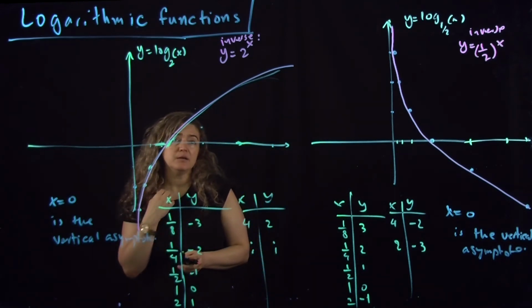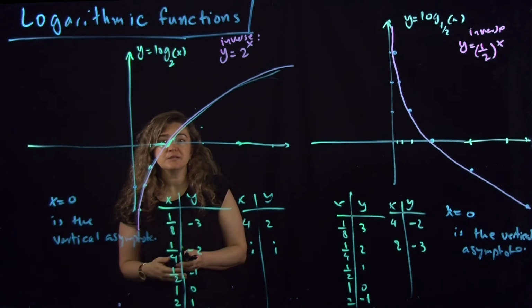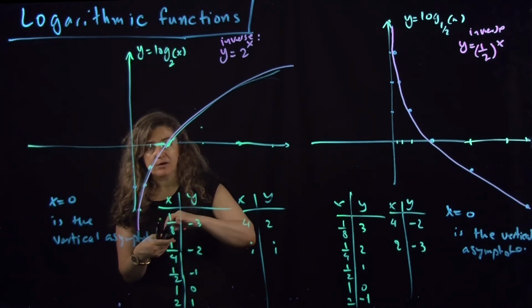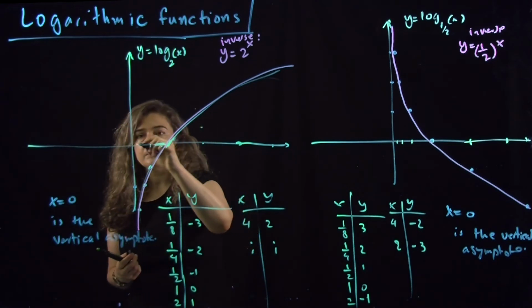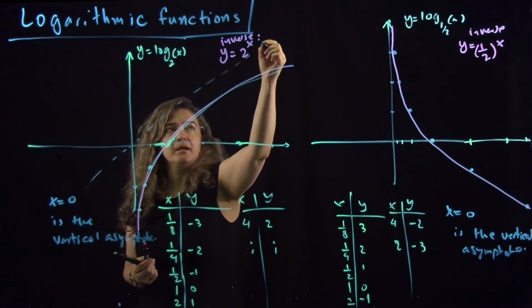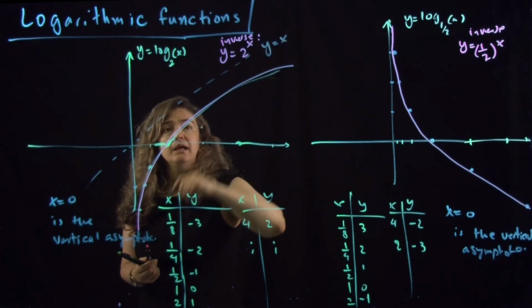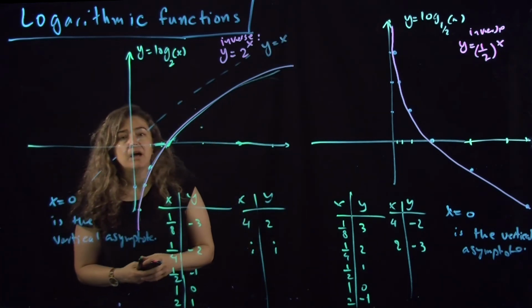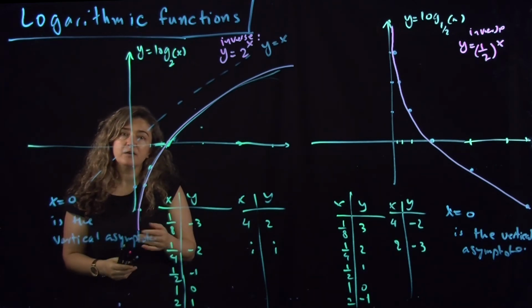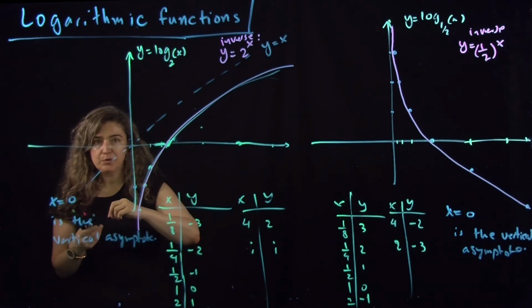How do we compare these things to each other? That means that they are actually mirror images of each other with respect to y equal to x.